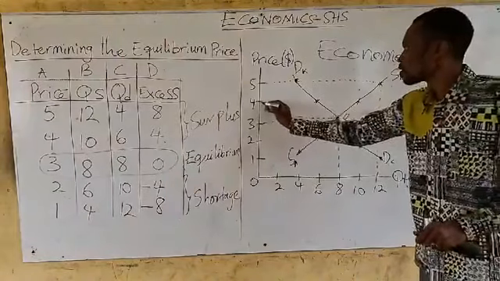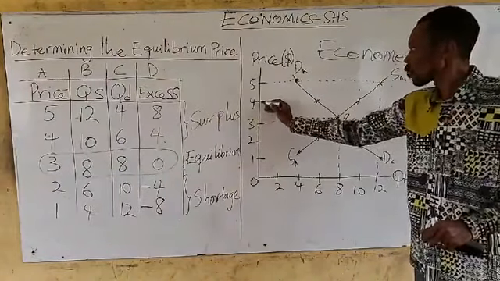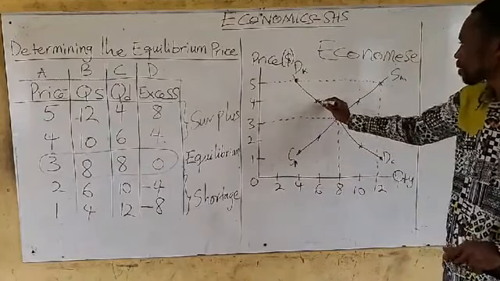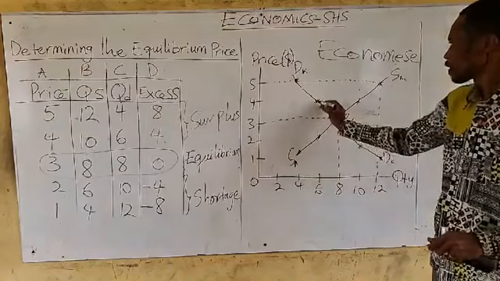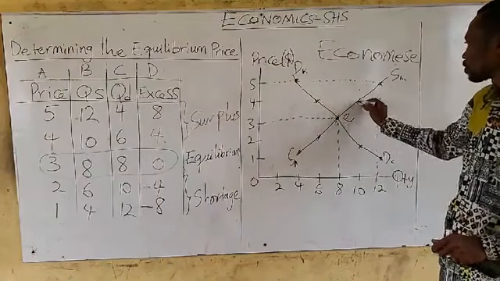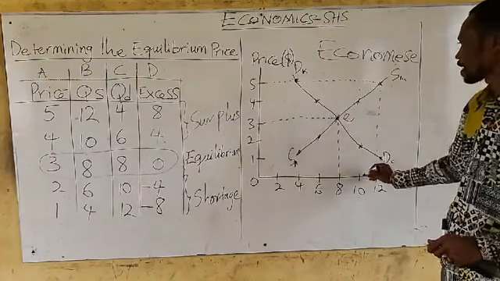Come to 4. At the price of 4, you will notice that when you trace it, the demand is here, and 6 was demanded. And when you follow up, continue, you will notice that the supply was 10.